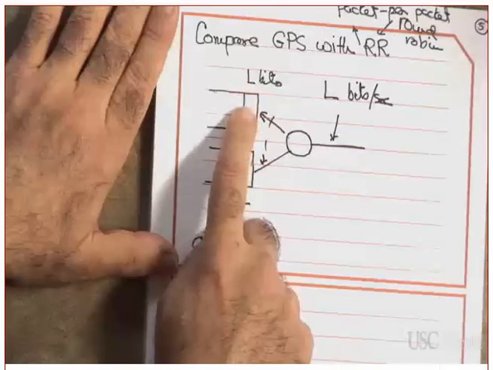Now, keep in mind that in fair queuing there is no preemption. What does it mean when I say there is no preemption?